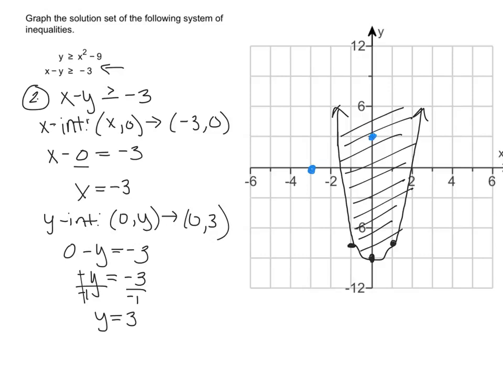And if we look at our inequality sign, I have a line underneath my sign, so I'm going to graph this with a solid line. And now I want to decide to shade above or below my line. So I'll choose a test point that is not on the line, and I'm going to choose point 0, 0.